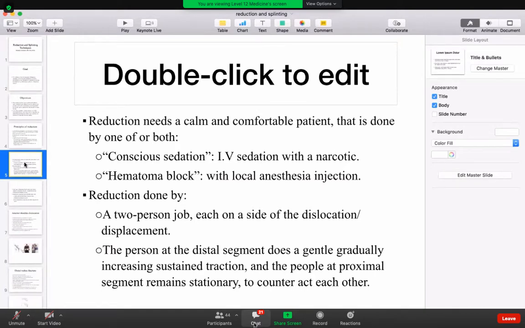So let's say you have a distal radius fracture with dorsal displacement, you have to try to reverse it and push on it in the other direction. Sometimes you need to slightly exaggerate the fracture site and then try to reduce it just to overcome any overlap of the bone ends.